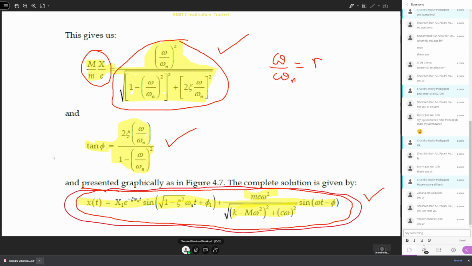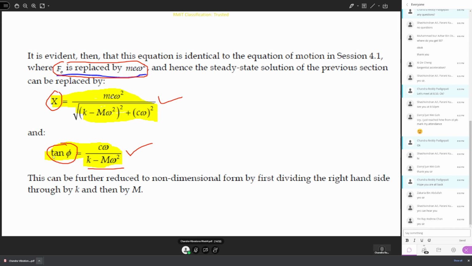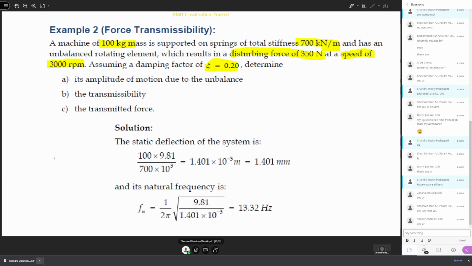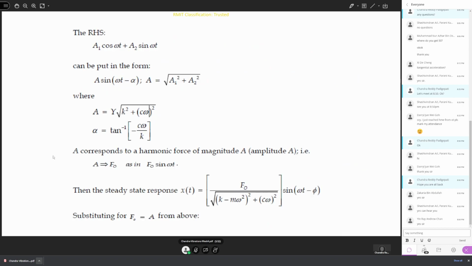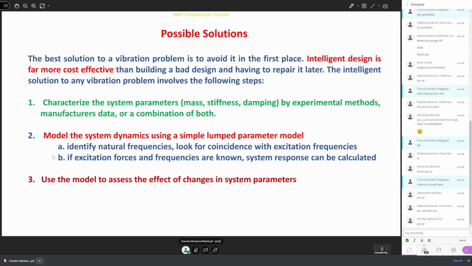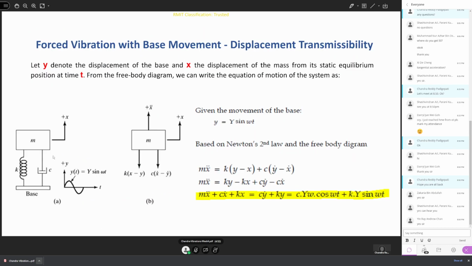So to summarize what we have done so far: we have done forced vibration with base movement, the first part we did today.